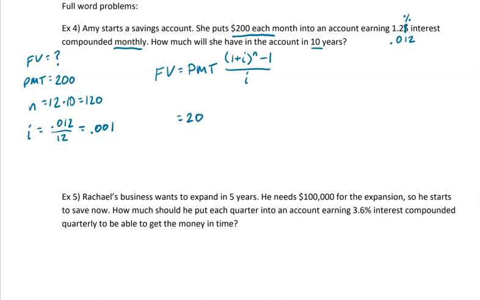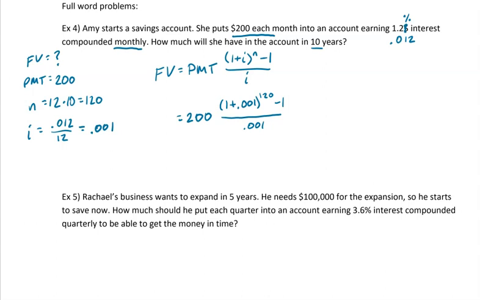PMT is 200. Then 1 plus 0.001 is I. N is 120. Minus 1 all over I again, so 0.001.